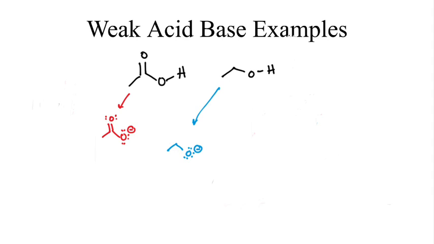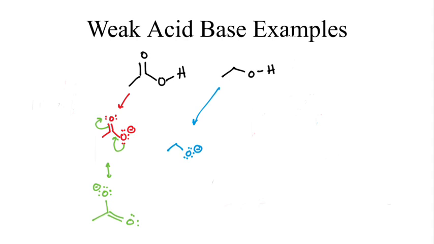Why? Draw out the conjugate base. We remove the hydrogen. We get a negative oxygen. Charge, same. Atom effect, same size, same electronegativity. Now we move to resonance. Do we have a resonance option? There's a pi bond, and I can draw a resonance structure where I can take those electrons and share them with the top oxygen.